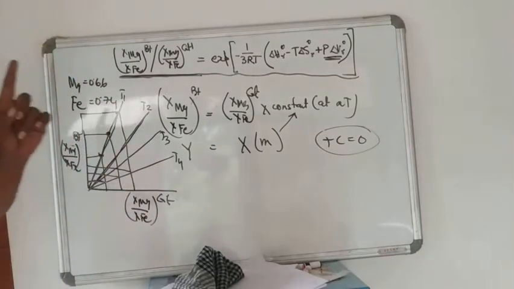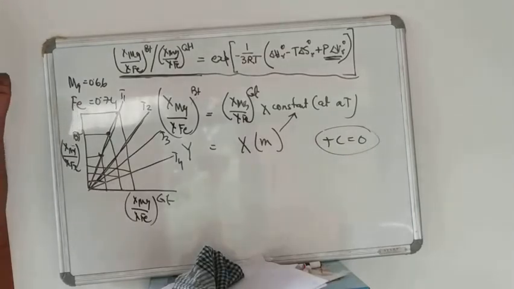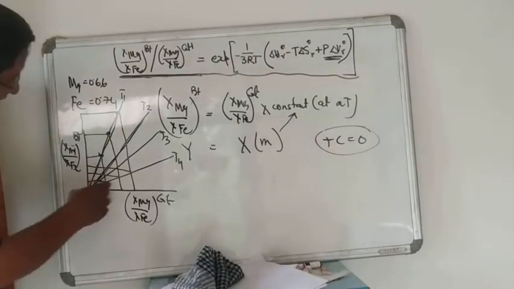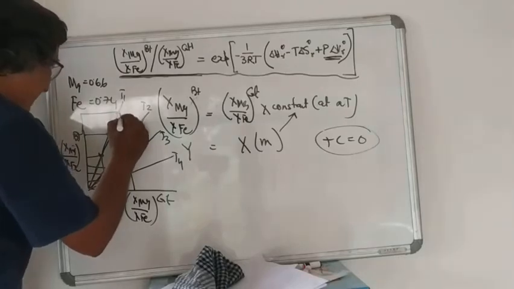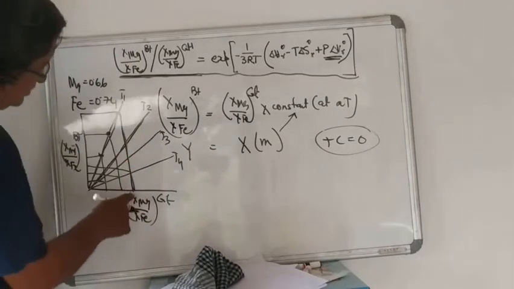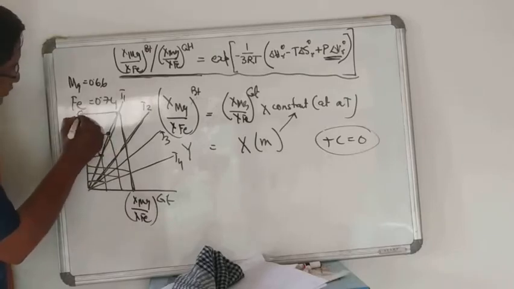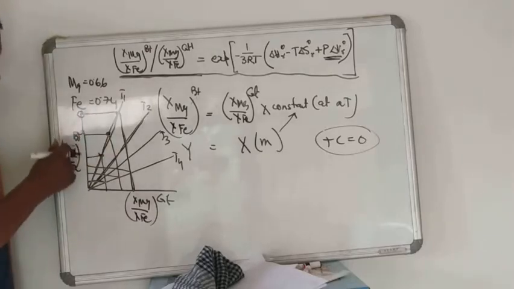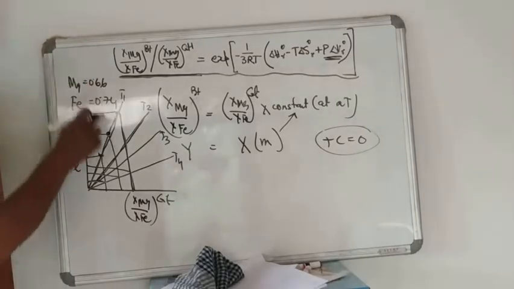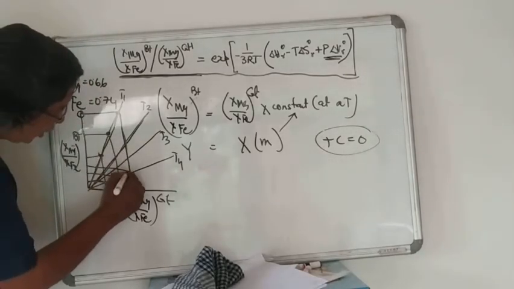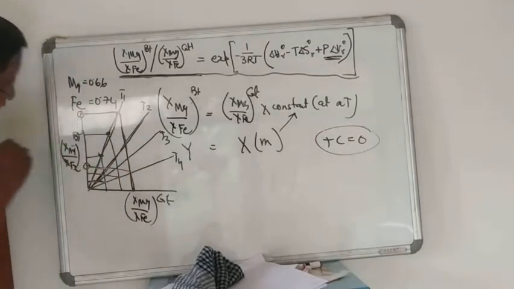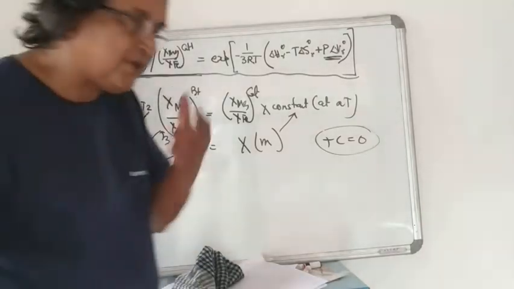So that is a very important point that I am trying to mention. So if I take this XMg by XFe garnet value, if this is the temperature, this will be the Mg by Fe ratio in biotite. But at temperature T4, this will be the value of Mg by Fe biotite.